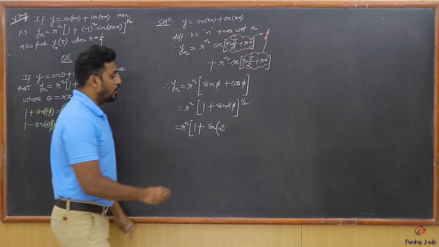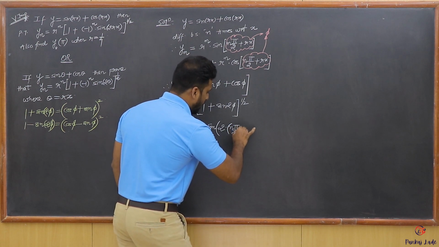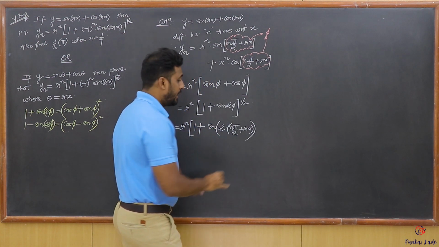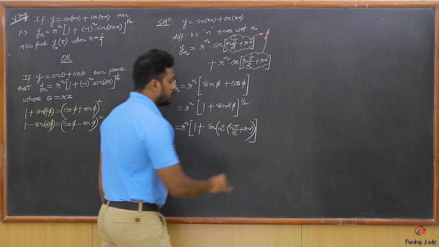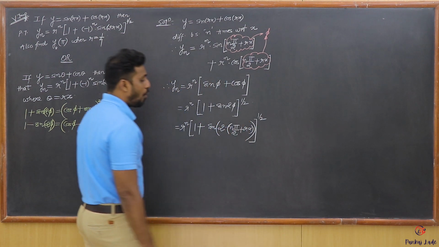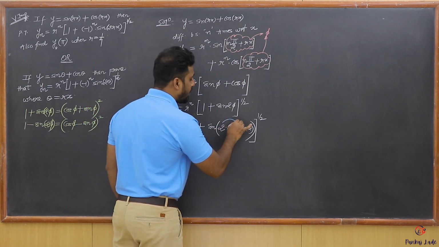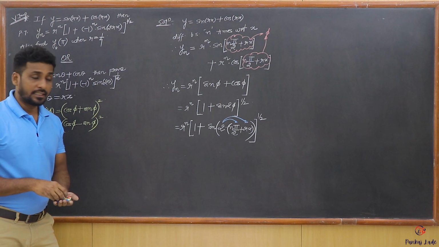So let's replace that value here. So I write here n pi by 2 plus rx, and you close your brackets, isn't it? And then this outer bracket will get closed. This outer bracket has power 1 upon 2. Now you can easily understand that the 2 which is present outside the bracket now needs to be multiplied inside the bracket. So let's multiply it inside the bracket.